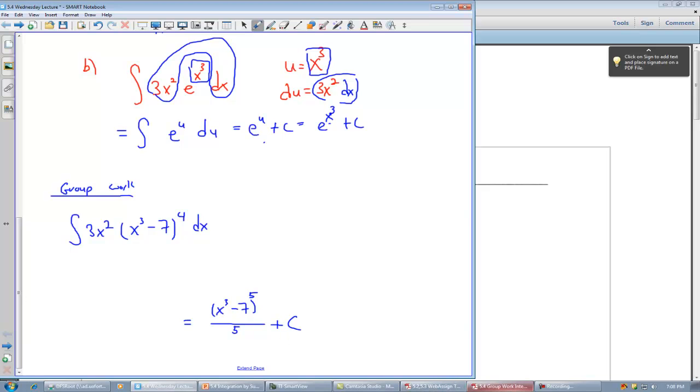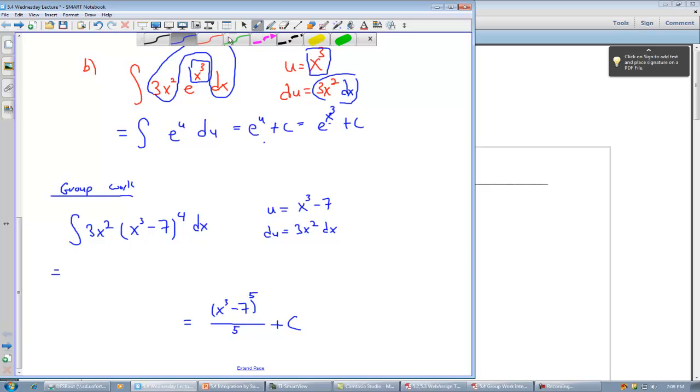All right, so take a minute and try to do this problem. All right, so hopefully you tried this, and what you should do is make your u substitution. So let's let u equal the thing on the inside, or you say here's the function, there's its derivative. So u is equal to x cubed minus 7, and in this case then du is equal to 3x squared dx. So take the derivative of this, and then you plug back in.